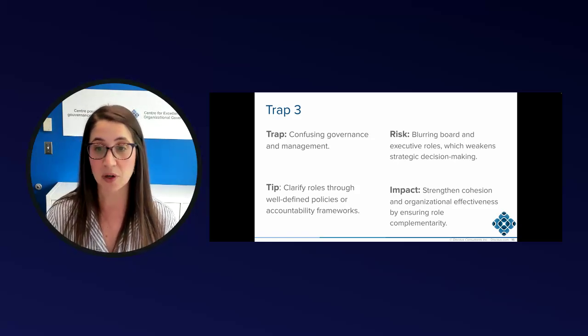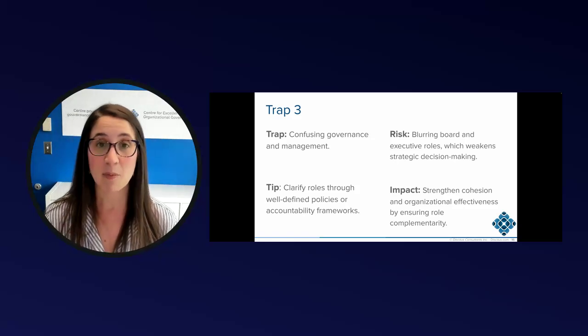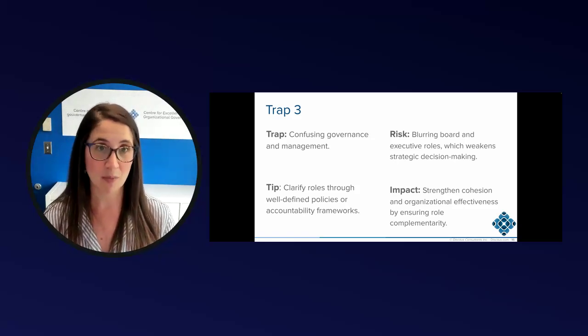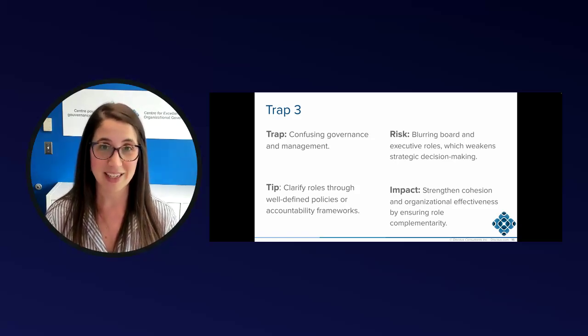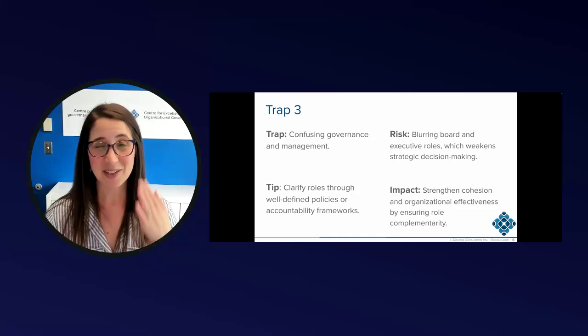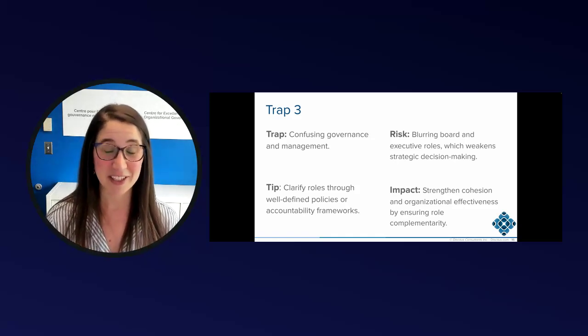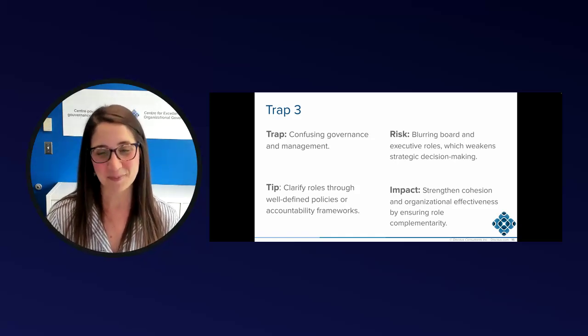This will allow your board to strengthen cohesion and organizational effectiveness by ensuring that the roles are complementary. The executive director's and board's roles are complementary. They should not be antagonistic, and there should be as little overstepping as possible to avoid all types of mishaps.